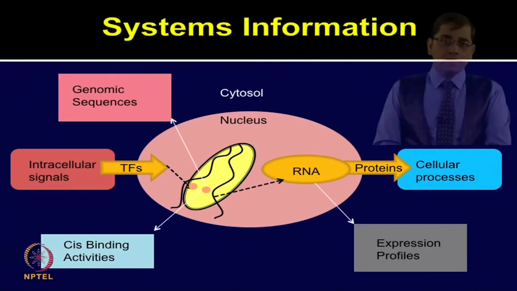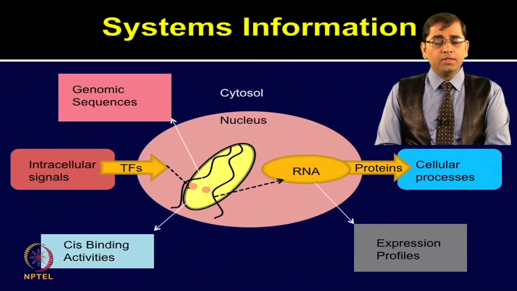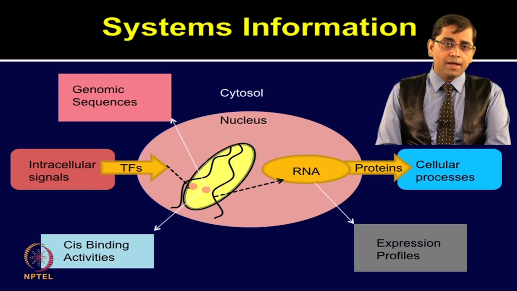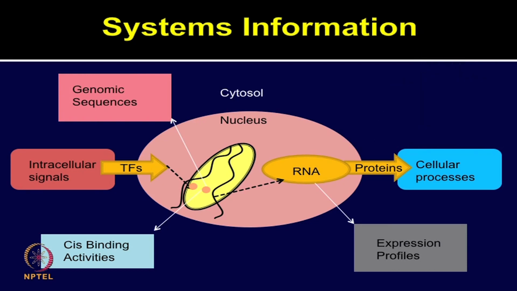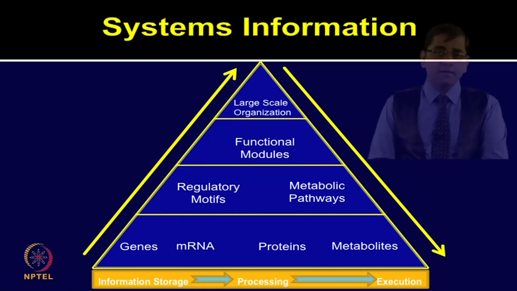Even simpler systems such as a cell can be linked with various properties: its genome sequences of different molecules, intracellular signals, transcription factors, different types of cis binding activities, the expression profiling of RNA and proteins, and different types of cellular processes. What is the systems biology triangle?